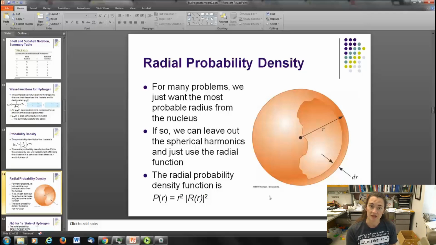This is going to be a three-dimensional integral over all space, and it has to be in spherical coordinates. So that r squared comes from the volume element for integration in spherical coordinates, r squared sine theta dr d theta d phi. That's where the r squared comes from, and that's why you have to multiply it times your radial part, because you need it when you do your integrations.